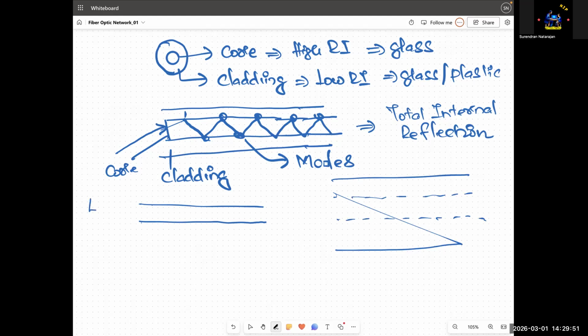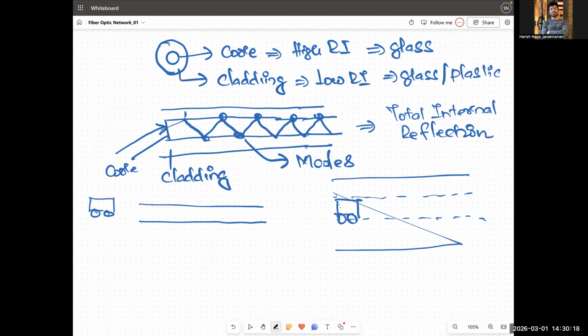Now, what will happen in both cases if the driver is traveling here, traveling here? You are driving the bus in this lane. How will the driving behavior change in both scenarios?